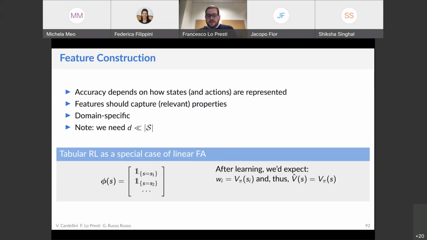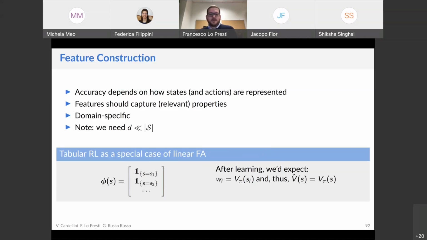Okay, so this allows us to compute the weights online and to improve our approximation of the value function. The model depends on the features we use to represent states and actions in our model. And clearly, the accuracy we achieve depends on how well states and actions are represented by the features, as in almost every machine learning problem you can think of.